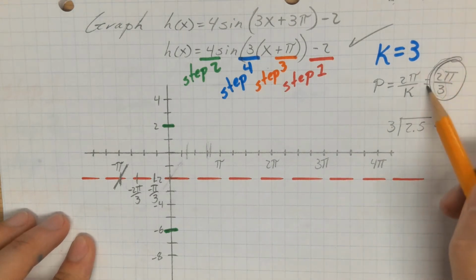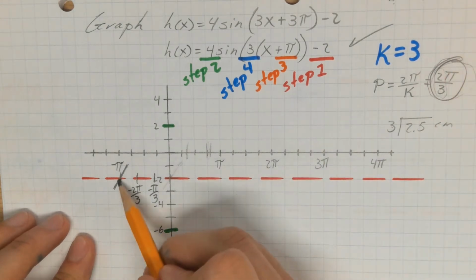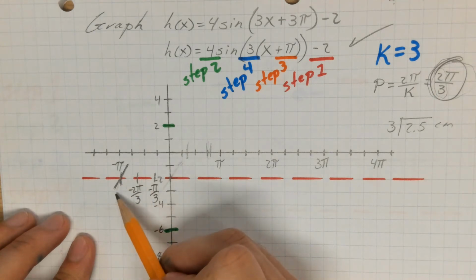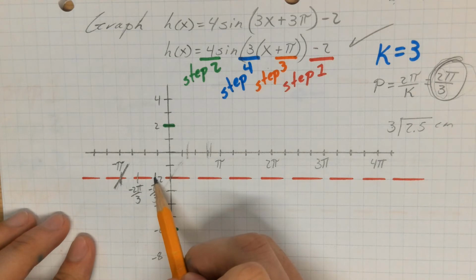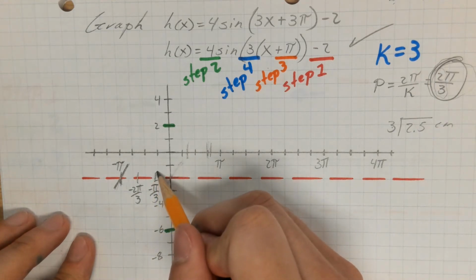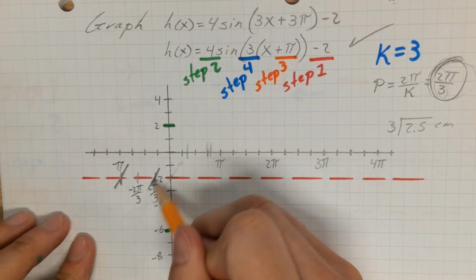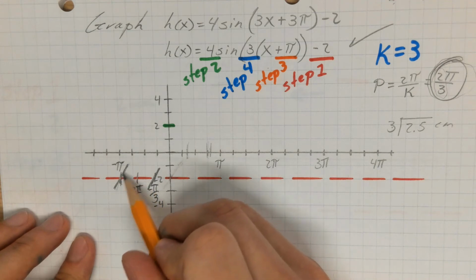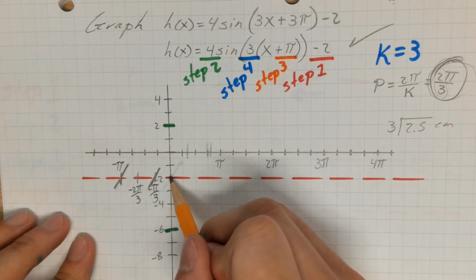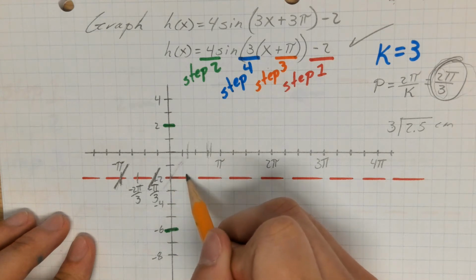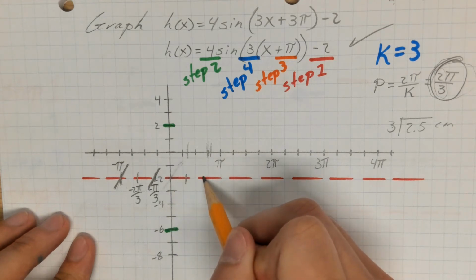So that's what I want to do. Every 2/3 of pi, I'm going to draw this piece. So this is 1/3, this is 2/3. So right here at 2/3, I'm going to have this little line again. Then 1/3 and then 2/3 again. Now these thirds, I'm just estimating them.